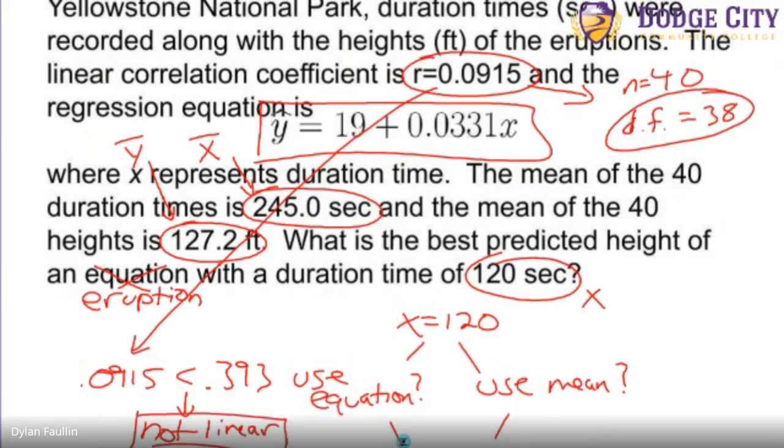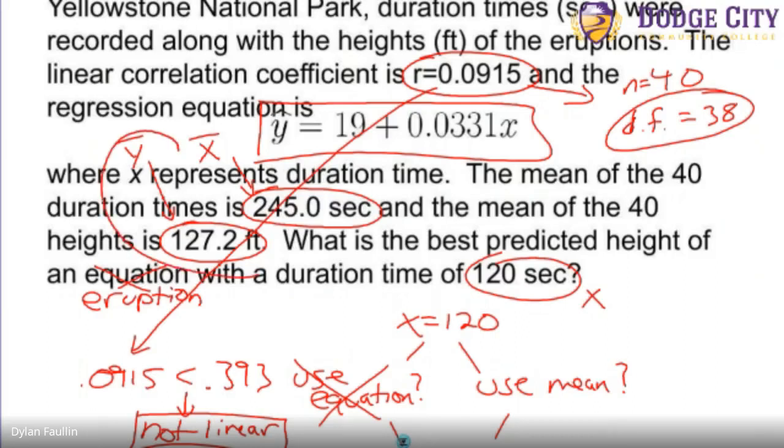If your linear correlation coefficient is smaller than the critical value, you should conclude that there's not sufficient evidence of a linear relationship, which means we should not use the linear equation to make our prediction. We should just use the mean. They're trying to trick you here by giving two different means. Which one should you use?